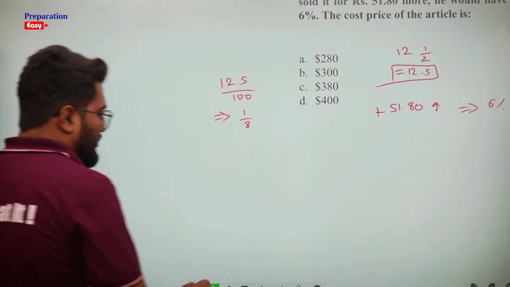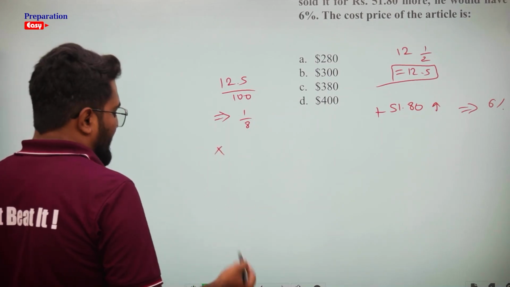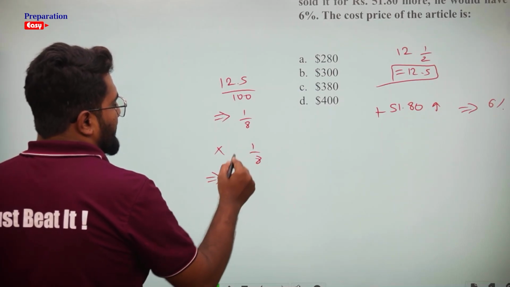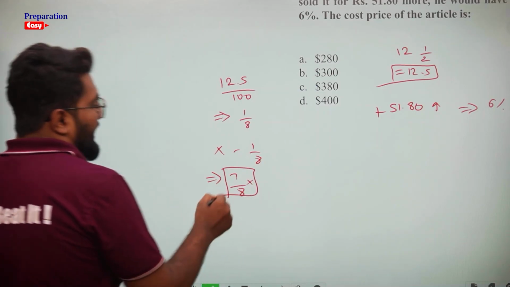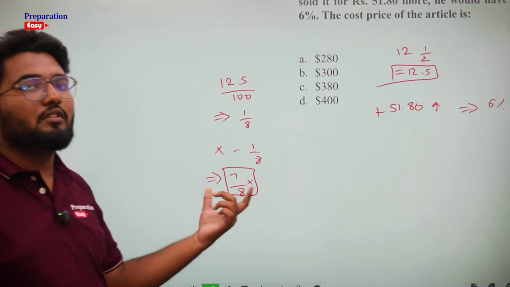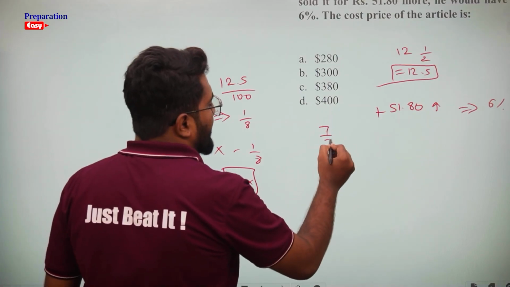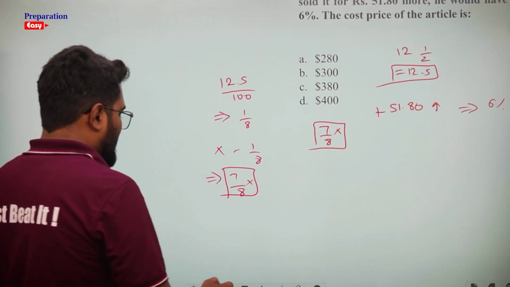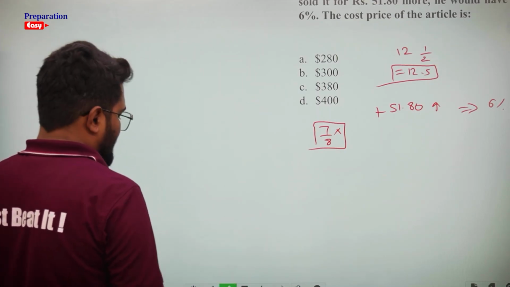Let the cost be x, but at what cost did he sell? x minus 1 by 8, so 7 by 8 x. At this price he sold the article. This will be the selling price, 7 by 8 x.